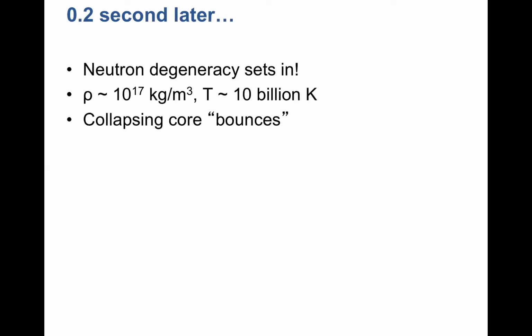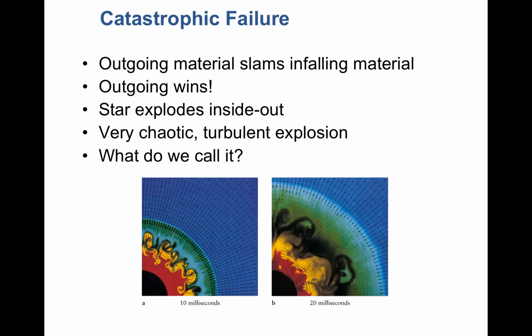The collapsing core bounces, and all that energy from the bounce gets transferred to that stuff that was falling in on top of it. And you have a catastrophic failure of the star. The outgoing material from the bounce slams into the infalling material, and the outgoing material wins, and the star physically explodes from the inside out.